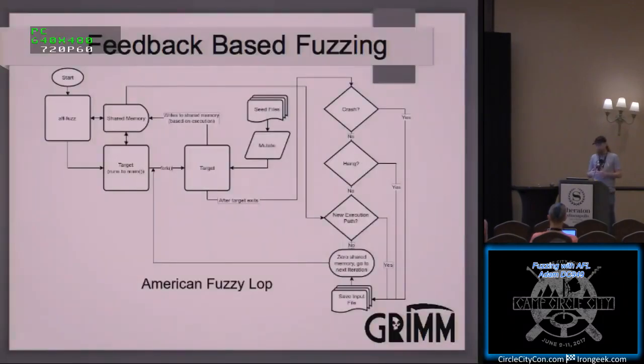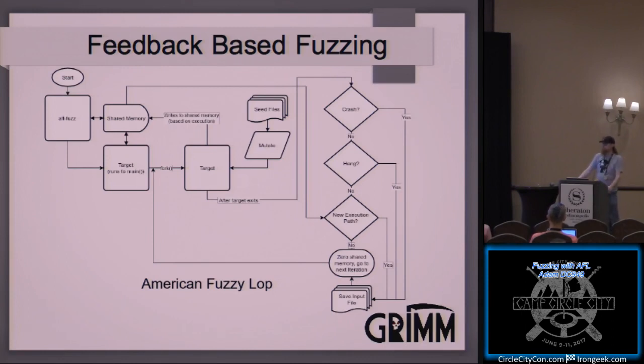So, all right, you read the file, you go through, and the target then exits. There's a few different ways that it can happen. The first one we check for is, did it crash? Because if it crashed, save that input, great, let's move on and go to the next iteration. If it didn't crash, you have to ask, did it hang? Did it just start reading the file and then just never exit?